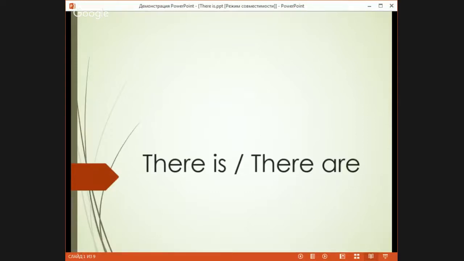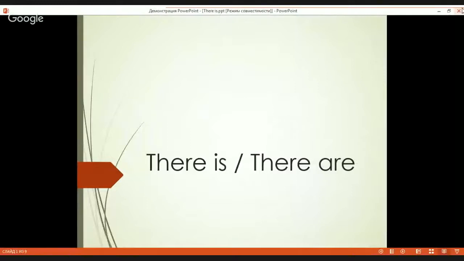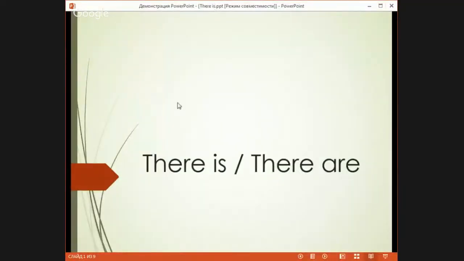So we have here the construction there is, there are, and let's look at it.